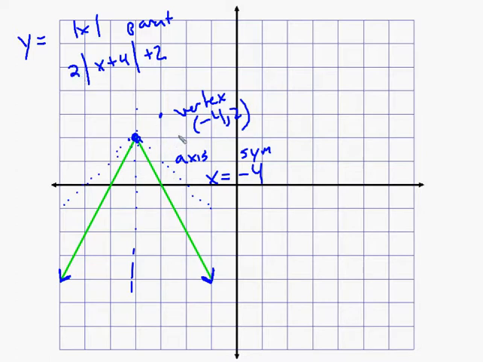If I go right 2, normal absolute value would be up 2. But look what happened. I went right 2 and down, how much? 4.